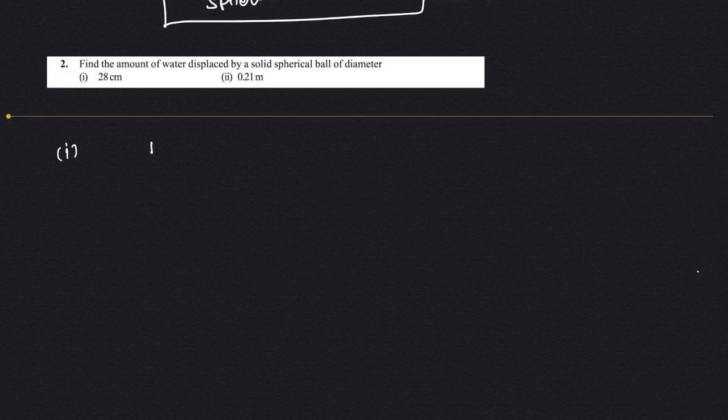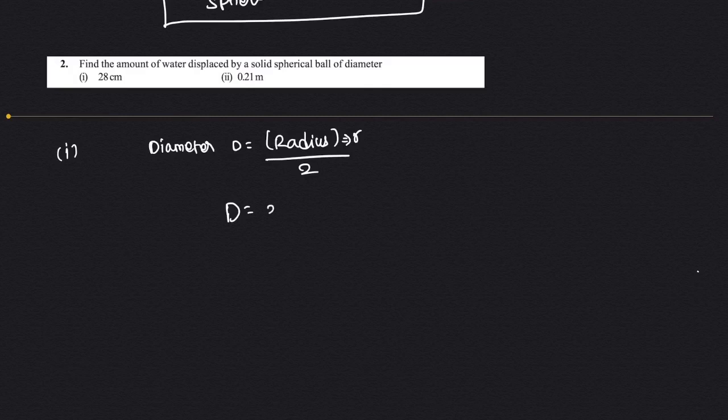Diameter D is equal to twice the radius, which is represented by R. So D is 28 centimeter, so the radius is 28 divided by 2, equal to 14 centimeter.